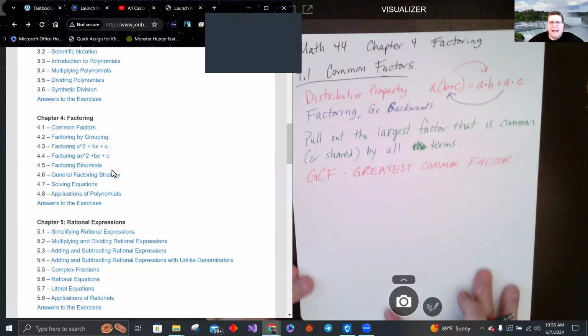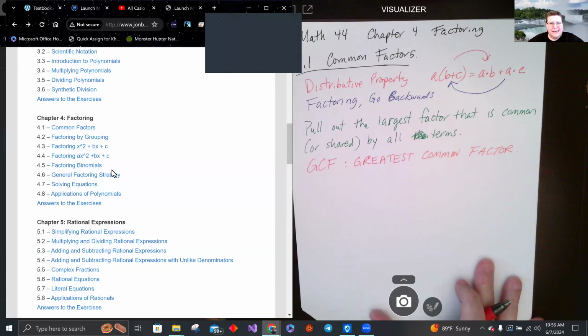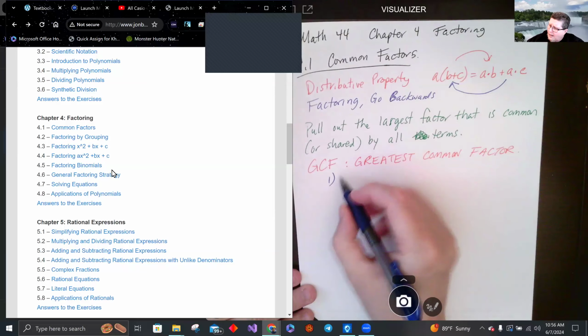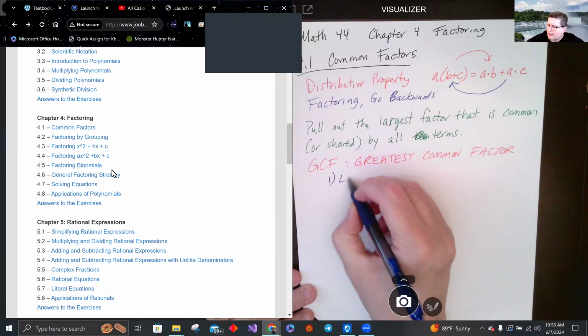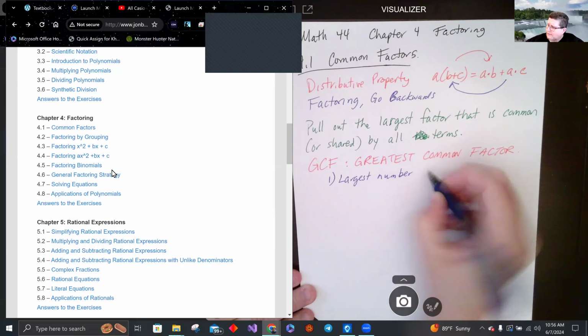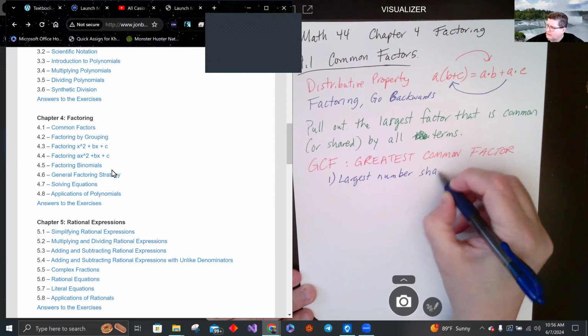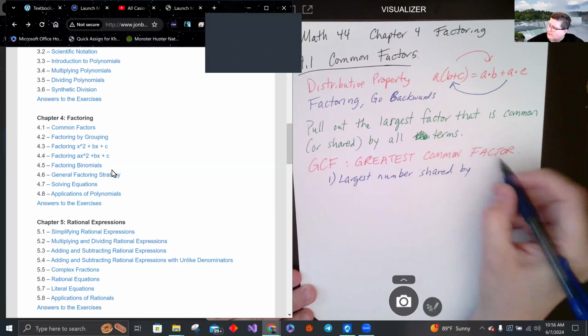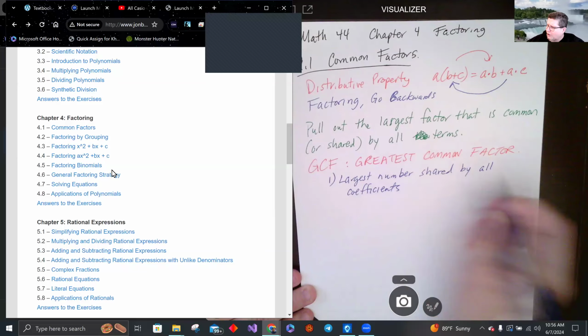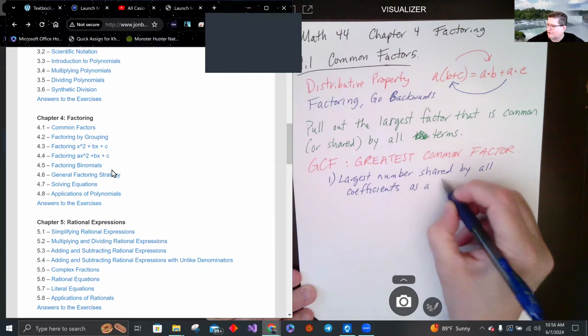Okay. And that table we did for the LCD, we can do something here. What we need to make sure we pull out, though, is the largest number in common amongst all the coefficients. So the largest number shared by all coefficients as a factor, I should say.